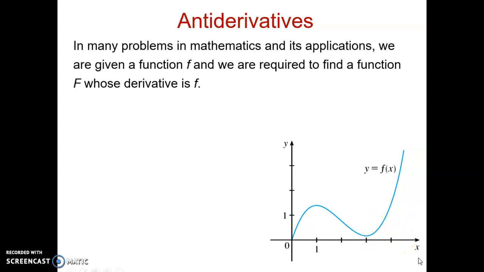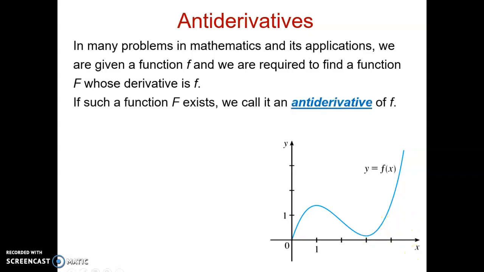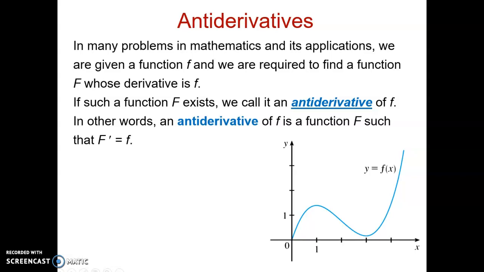So if such a function, capital F, exists, we call it the antiderivative of f. In other words, the derivative of capital F will give you this function f. This is the derivative of some other function that we call capital F.